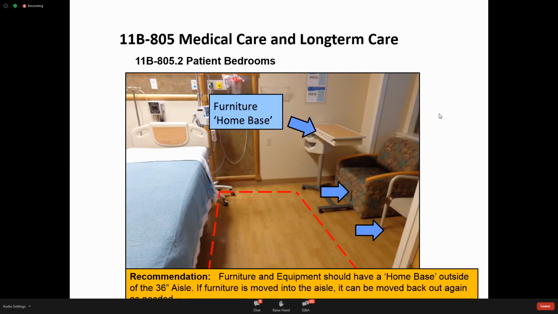Other questions? Actually, related to that one, Bill, for sleep rooms, can you address the same question? So in a hospital, you have a sleep room. It is an ADA sleep room. Are you required to have clearances on both sides? Well, I think I've already answered the bulk of that. There's a question whether you're going to classify it. It's technically not a patient bedroom, not in the context of a licensed hospital.